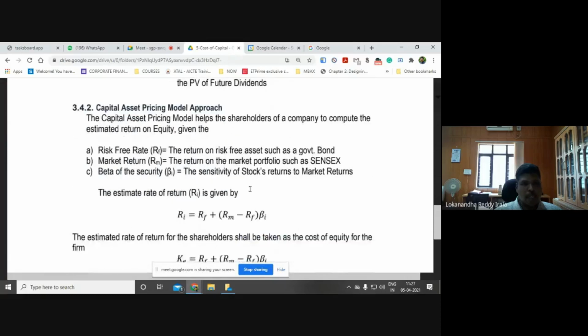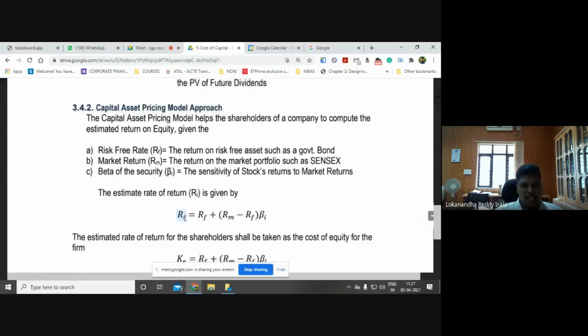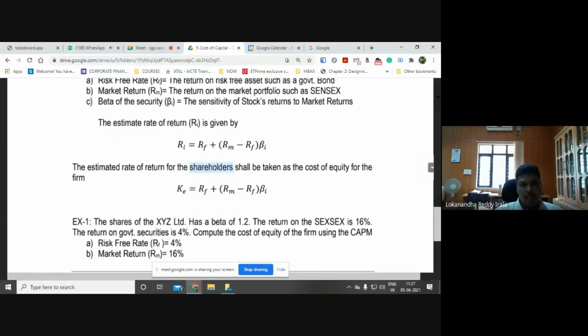You can have a look at it, and this is popularly known as the capital asset pricing model approach to calculation of cost of equity. Those who specialize in finance will study in detail what the capital asset pricing model is if they take a course in security analysis and portfolio management next semester. But the simplified formula of the capital asset pricing model is: the return on any asset, the return on any equity share, you can find out using risk-free rate plus the market return minus risk-free rate times the beta of the security.